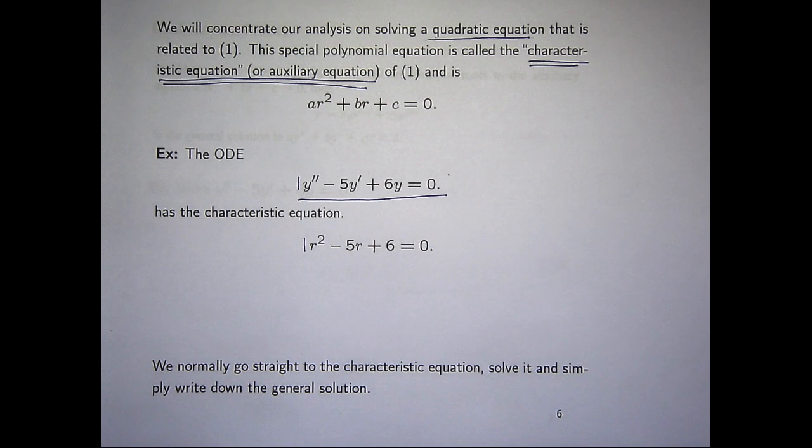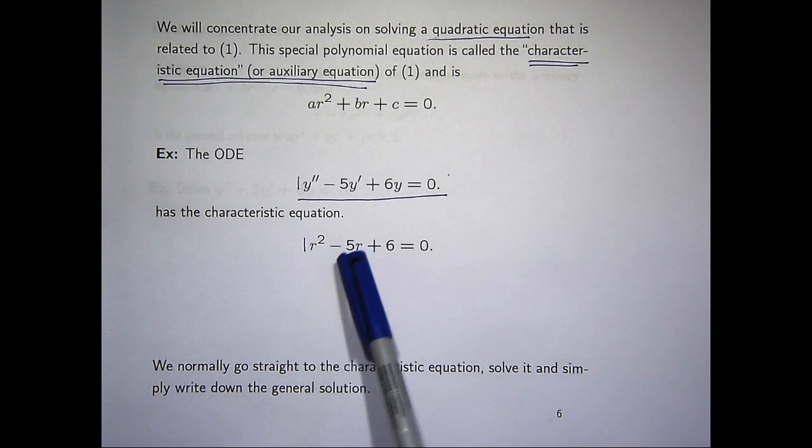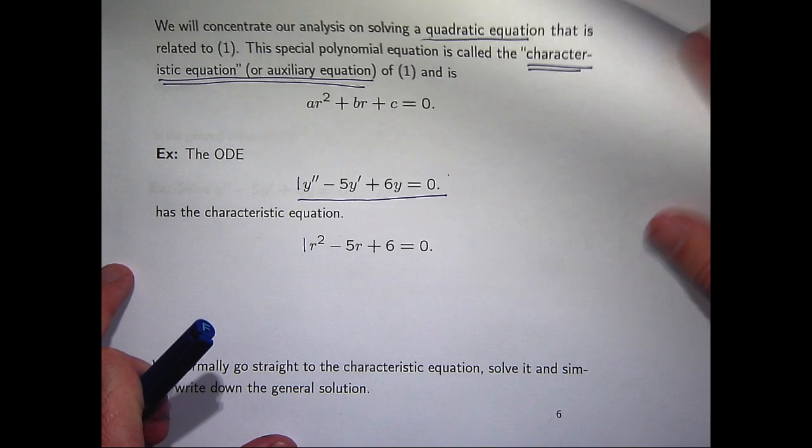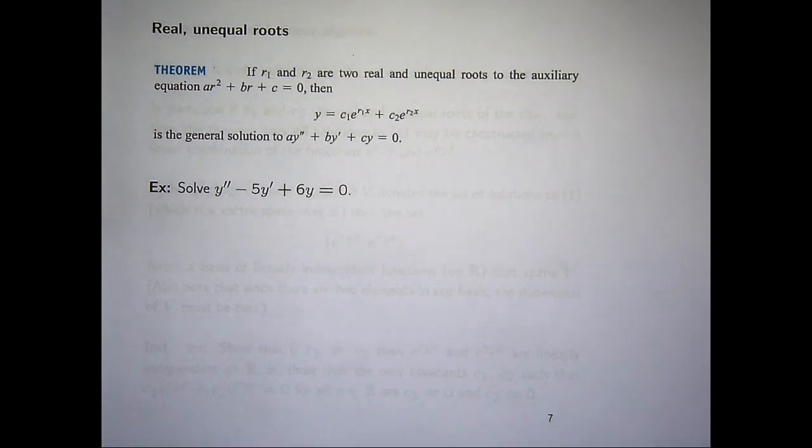From a practical point of view, what we would do, given a homogeneous ordinary differential equation with constant coefficients, is just write down the characteristic equation and then solve it for the unknown r here. So let me show you how we do that. There are different cases to talk about, remember.